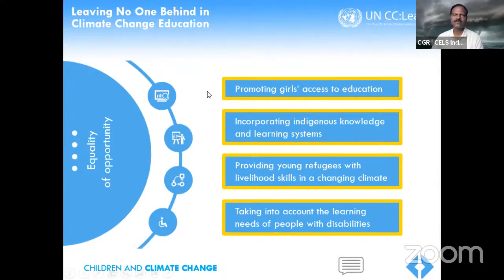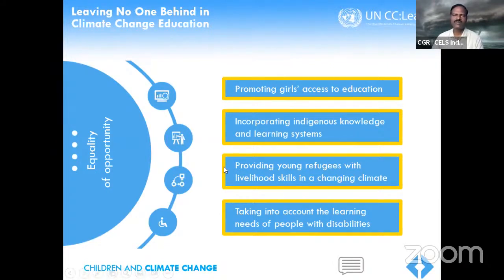So this gender imbalance we have to bring down. And incorporating indigenous knowledge and learning systems is very important. The time tested traditional sciences, traditional knowledge on sustainability, that should become part of the curriculum.